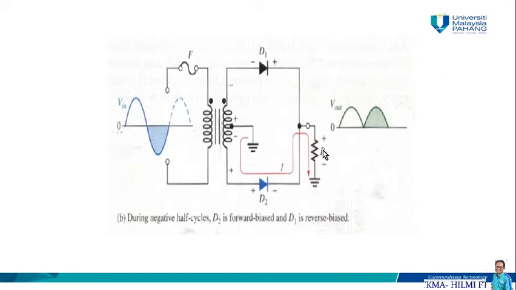Because the output current during both the positive and negative portions of the input cycle is in the same direction through the load, the output voltage developed across the load resistor is a full wave rectified DC voltage. It's going to be all positive, unidirectional.